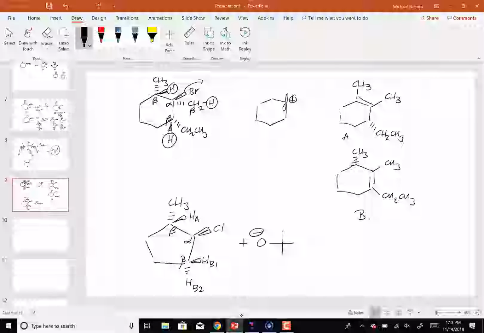Which of those hydrogens can be deprotonated by E2 by the tertiary butoxide? B2? Any others? How about hydrogens C1 and C2?